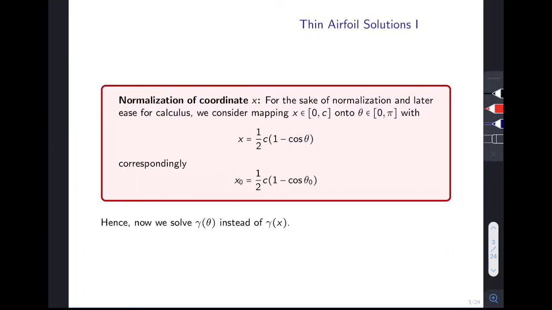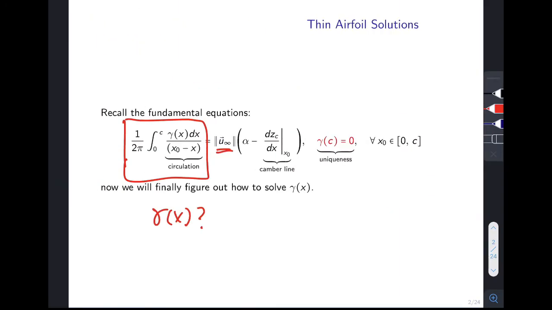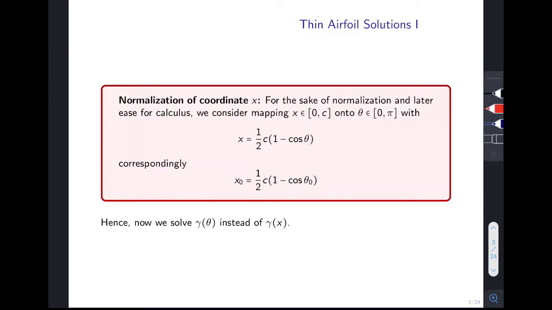Before we solve for gamma x, we will first conduct a change of variables. So we will not really solve gamma in terms of x, but in terms of another variable, which has a one-to-one correspondence with x, which is theta here. If you look at the expression here, if I change theta from 0 to pi, I basically change x from 0 to c.